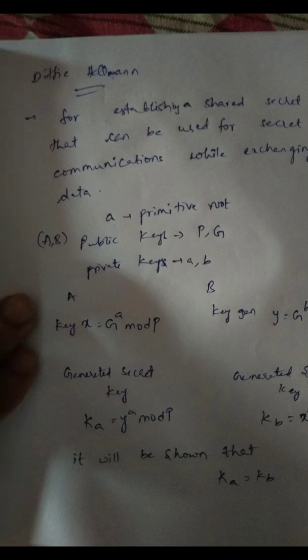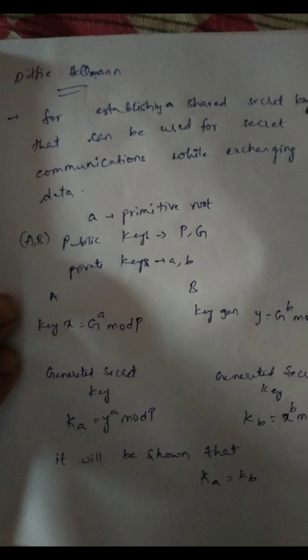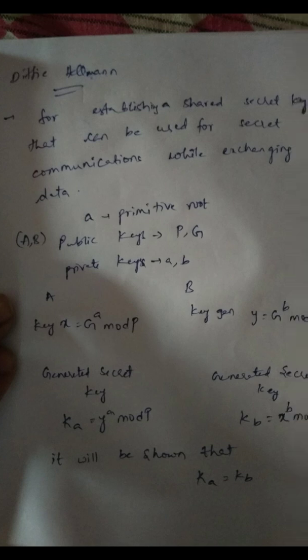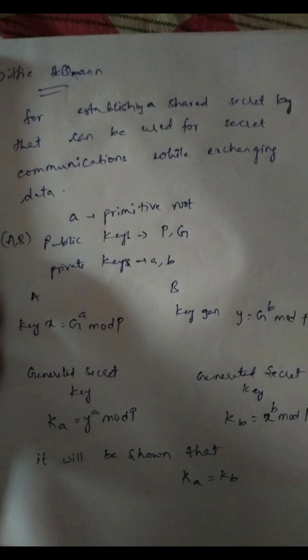So now the key generated by user A is determined by x equal to capital G power a mod P, and the key generated by user B is determined by y is equal to G power b mod P.